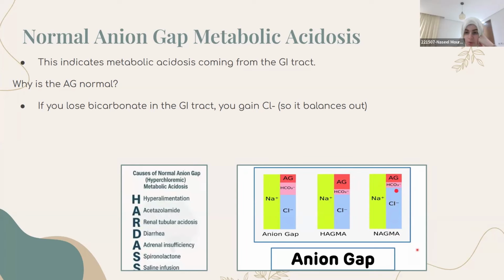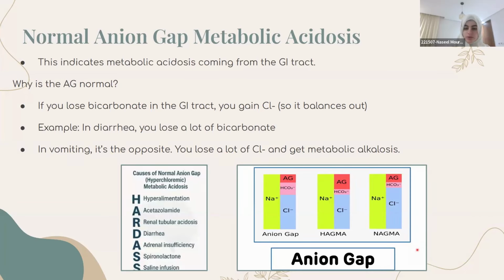Now, why did the chloride increase? This basically happens in the gut to compensate for the loss of bicarbonate. So if you're having diarrhea and you're losing bicarbonate in the gut, what the intestines try to do is retain chloride. And when you retain chloride, you basically balance the loss of bicarbonate. And so your anion gap stays normal.